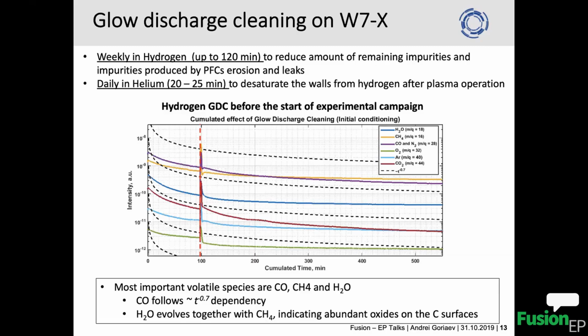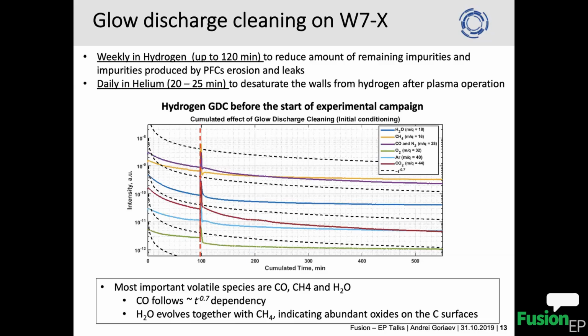Then you also have some leaks. You cannot avoid leaks if your vacuum system is huge enough. You can compensate leaks with the number of pumps and the total pumping speed for your vacuum vessel, but there are still some leaks, with impurities coming inside the vacuum vessel. They are redeposited in the plasma-facing components, so from time to time you have to apply wall conditioning to clean a little bit.